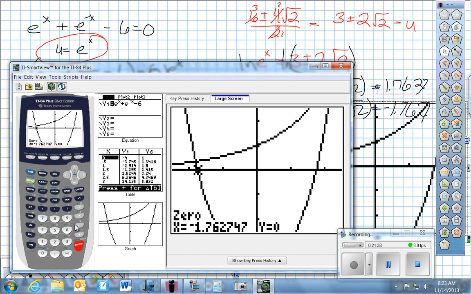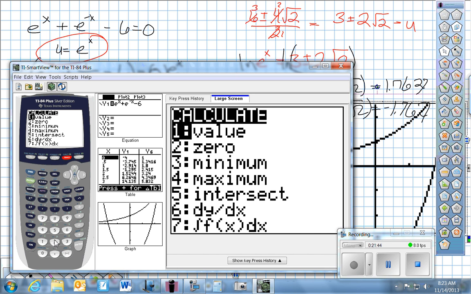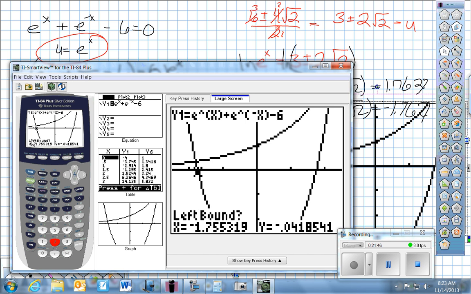Then I need to go back and find this other zero. So I have my second calculate menu again. It'll only do one at a time, so you can't make it do both. My left bound, I now want it to be way over here. I need to make sure I'm watching my y values so I don't skip my entire screen.